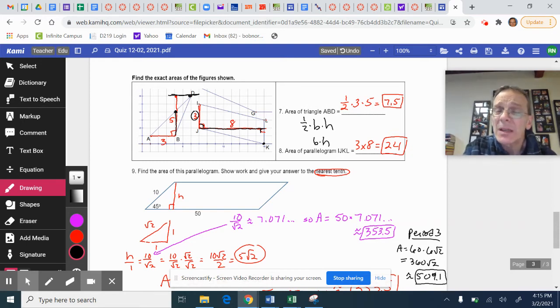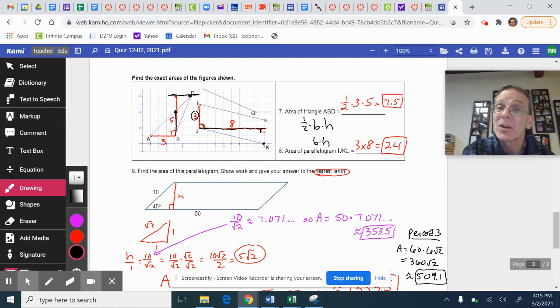What troubles me a little bit about people who got either one or both of these wrong is that there were lots of problems like these for you to practice in homework assignment 12.1 and 12.2. There were a bunch of these, not just 1 or 2, a bunch.